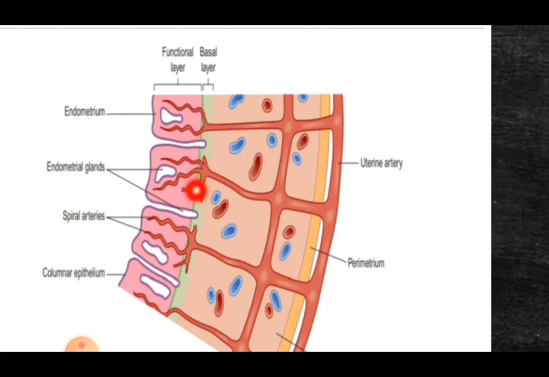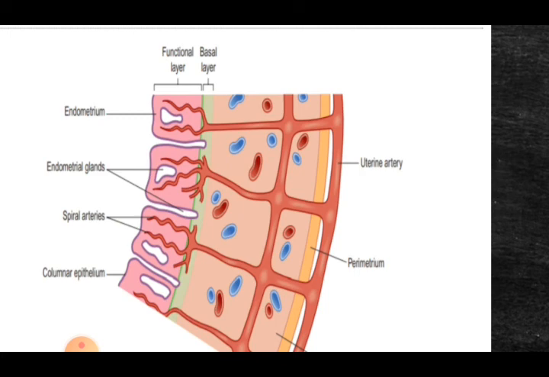So just remember that the functional layer is the upper layer, and it thickens and becomes rich in blood vessels in the first half of the menstruation period. And if the egg is not fertilized and it does not implant, then this layer will shed during the menstruation.